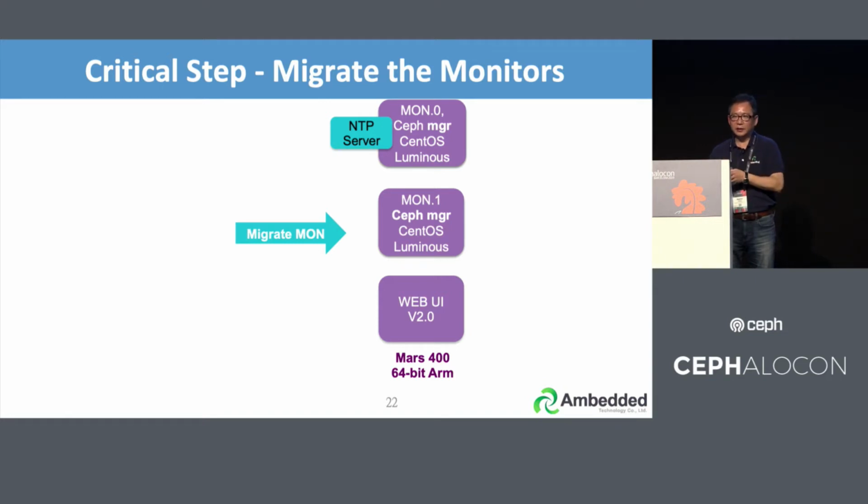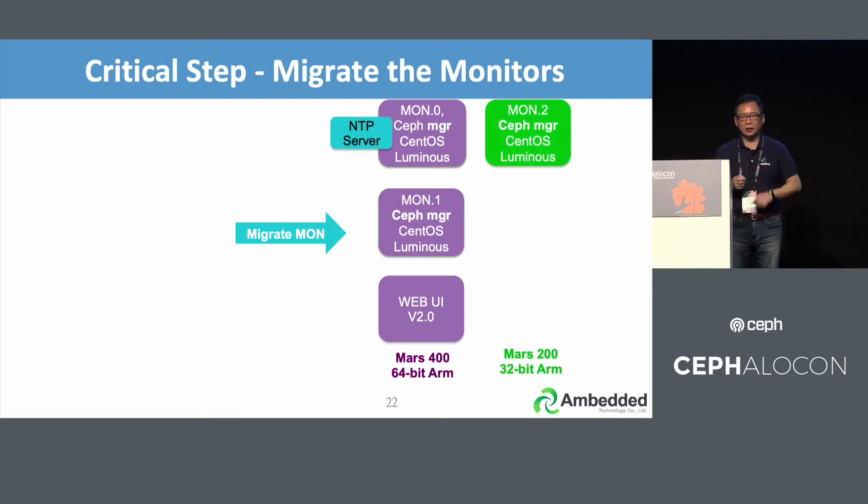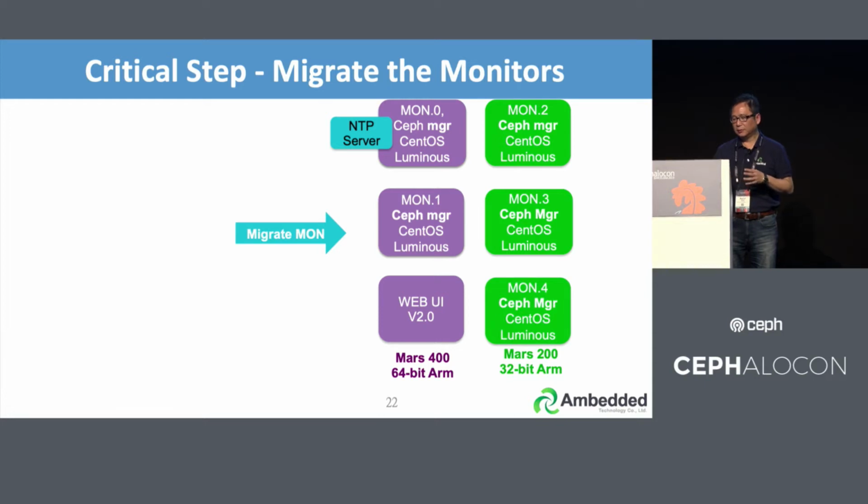And at this moment, the cluster becomes a Luminous version, even though the OSD are still in Jewel. After that, we add back the old hardware, totally change the image, and let them join the cluster as new monitors with CentOS and Luminous.